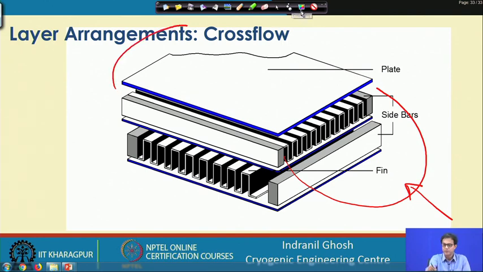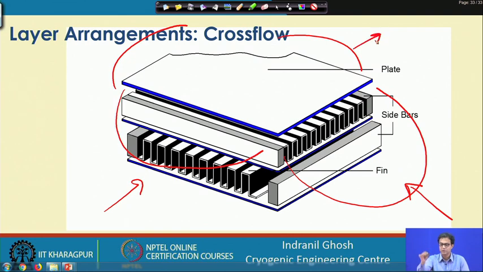Similarly, we have another 2 sides, this is another side from which one fluid can come in, and this is how it moves out. So, we have 4 sides, necessary 4 sides for the flow in and out for the 2 fluids.